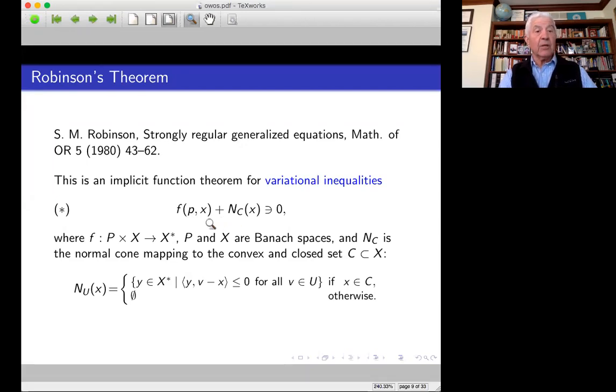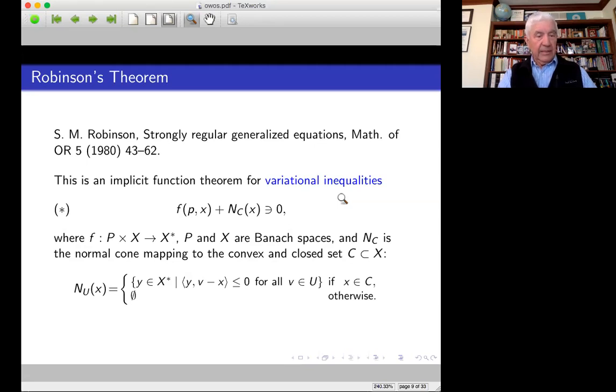And now we are talking not about the equation, but about the inclusion. So it was a completely new idea in the whole history of implicit functions, not to consider equations, but to consider inclusions, and still obtain a statement about the dependence of the solution of this inclusion on the parameter. And this was in 1980.